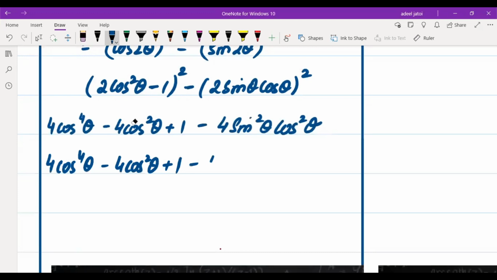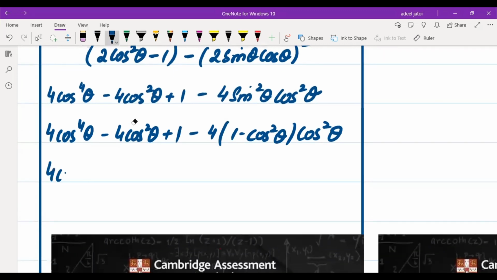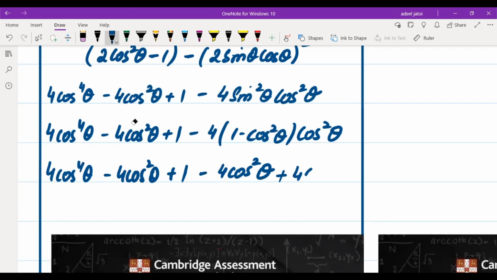Now this negative sign is there, 4, and sine square theta is 1 minus cos square theta, and cos square theta is multiplying as well, which means minus 4 cos square theta plus 4 cos to the power 4 theta.